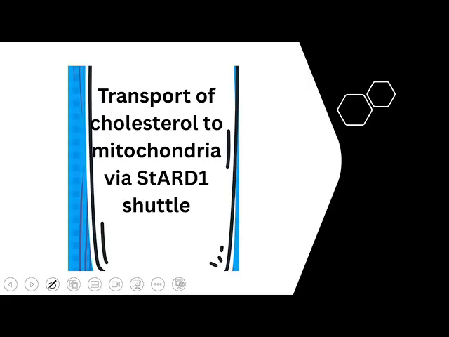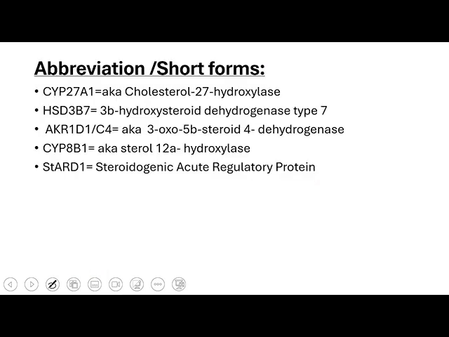So we study about the STARD1 shuttle, which is very important for the transport of cholesterol, which is the precursor of the bile acids. And this is transported from the cytosol of the hepatocyte to the mitochondrial matrix through this STARD1 shuttle. And this STARD1 is called the steroidogenic acute regulatory protein.